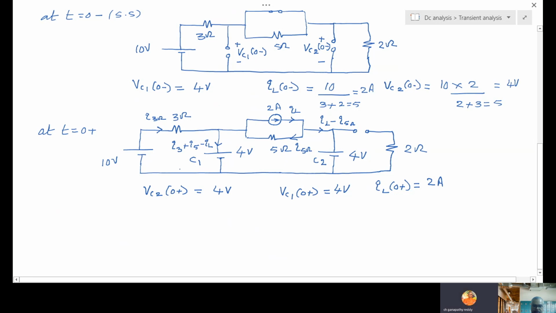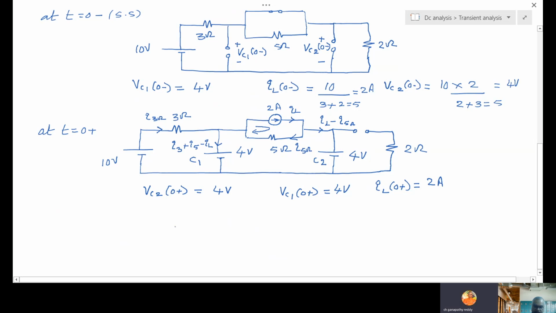Now we have to write the mesh equation. So if I write a mesh equation here, actually there is an inductor here. There is a capacitor here. There is a capacitor here.